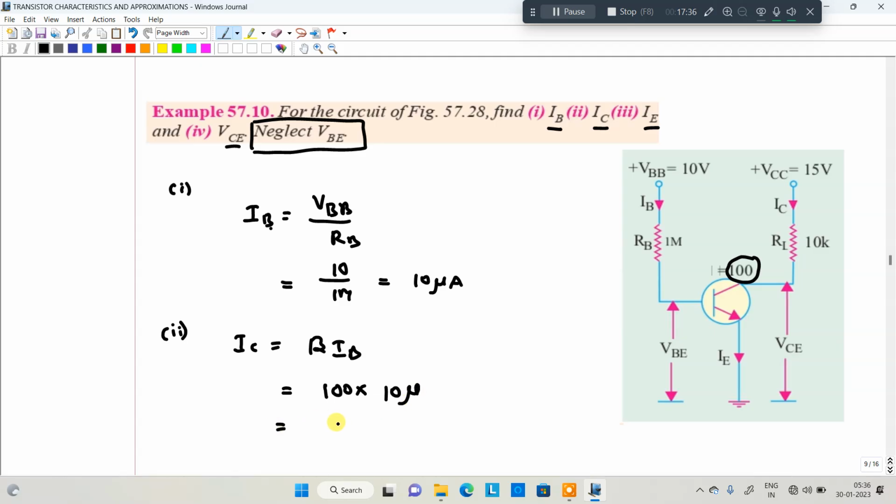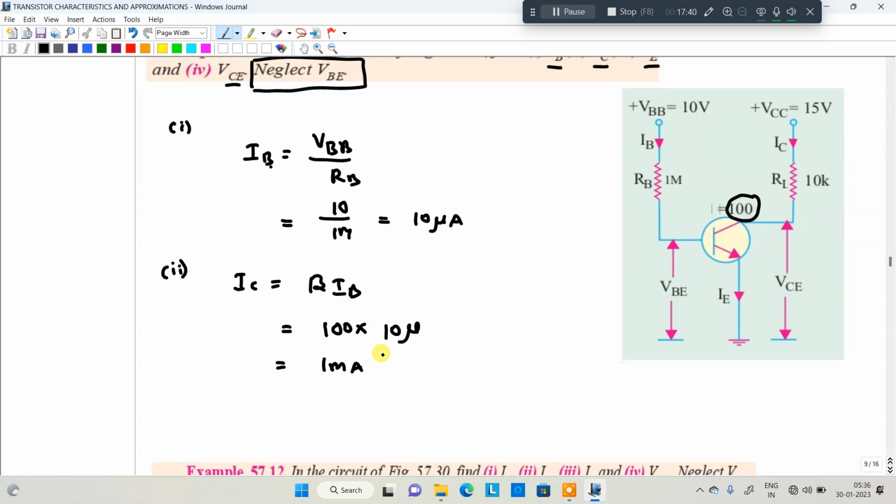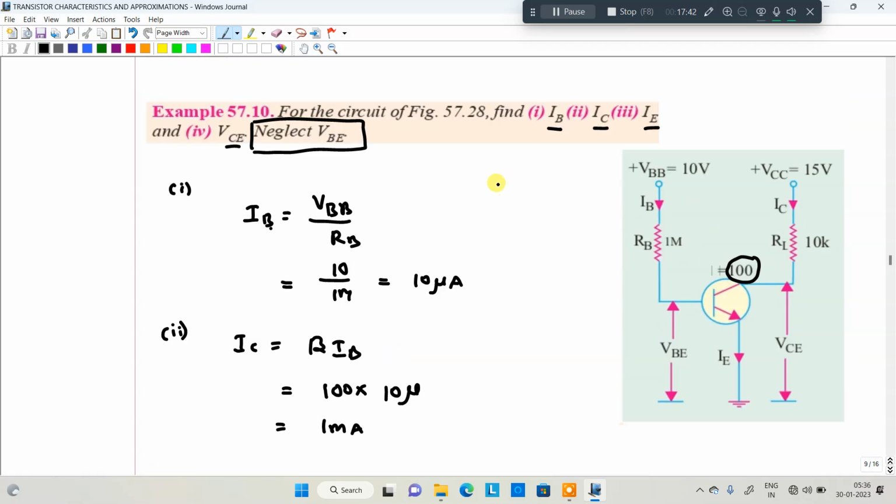That will be equivalent to 1 milliampere. Got it. The third case, IE, the emitter current. IE is equal to IB plus IC. IB is 10 micro, IC is 1 milli. That will be equivalent to 1.01 milliamperes.